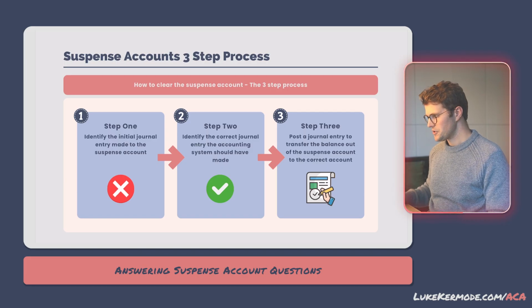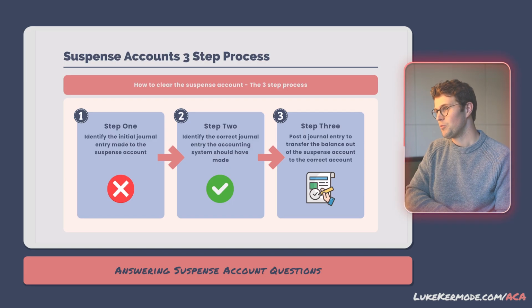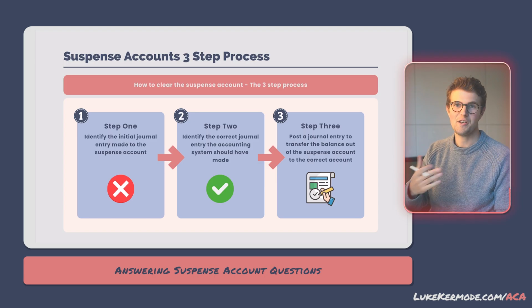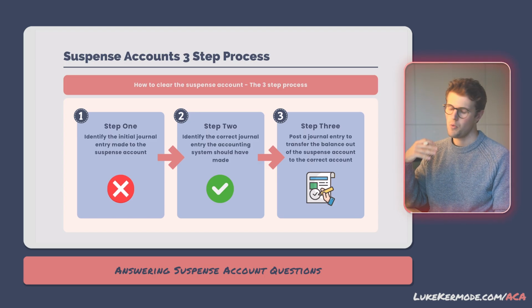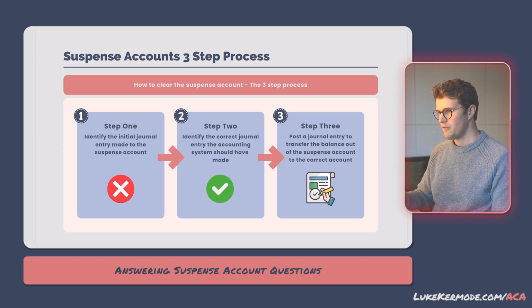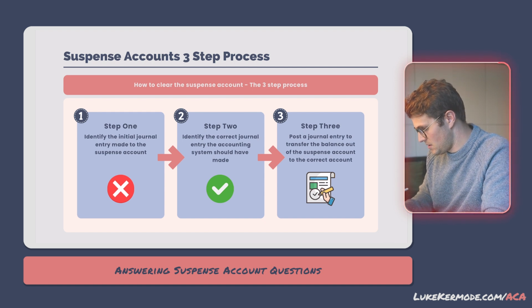So when we come across transactions which involve a suspense account, we apply the same three-step approach we used when correcting accounting errors with a few minor tweaks. So the first step is we start by identifying the initial journal entry that the accounting system posted.